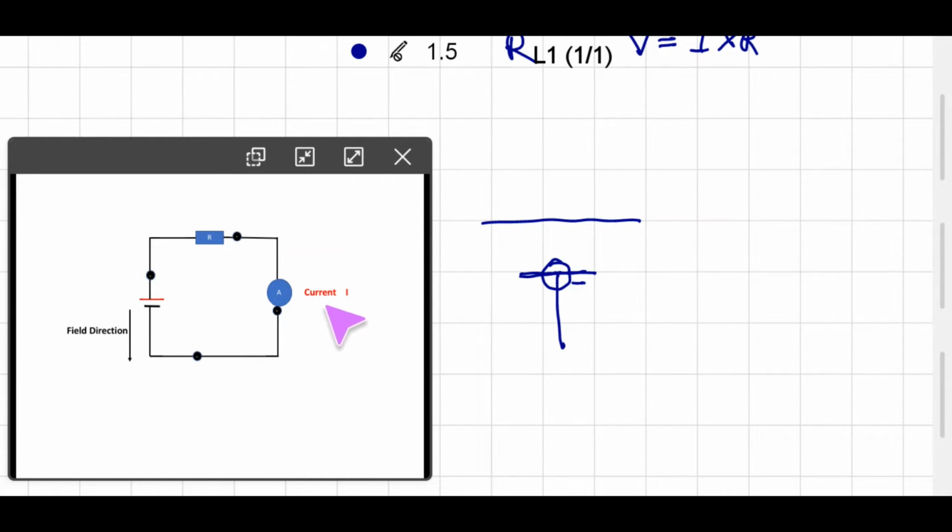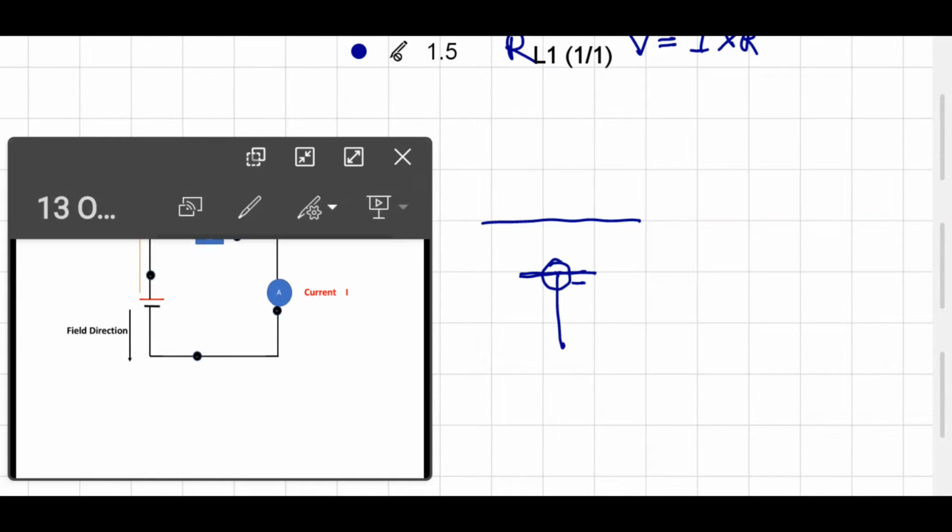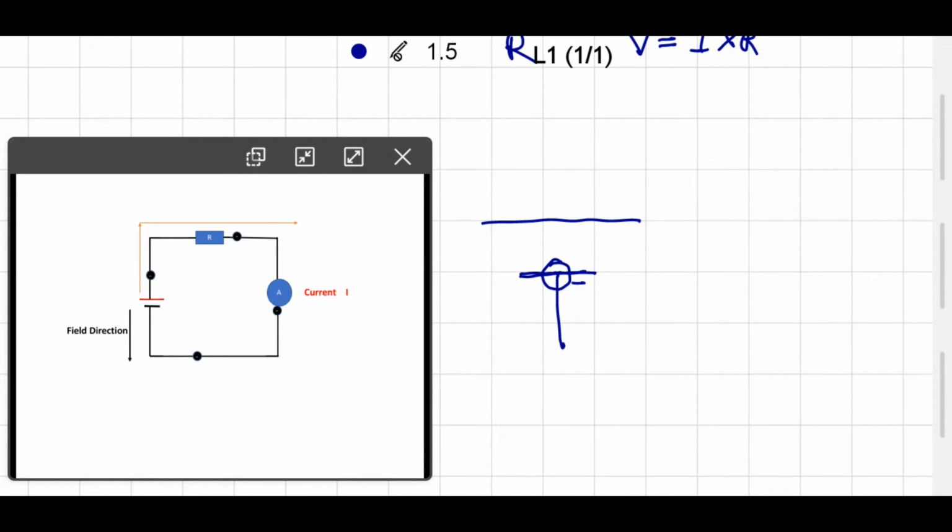Always remember, though electrons are flowing from negative to positive, conventional current is in the opposite direction, shown here from the positive to the negative terminal. This is the conventional current direction, so that you always remember.